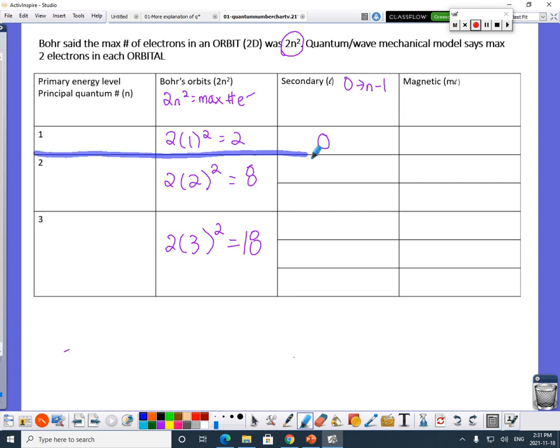These two go together, and then this goes together. Okay? So if we have n equals 2, start at 0, n minus 1 is 1. That's as far as we can go. We have 3: 0, 1, 2.